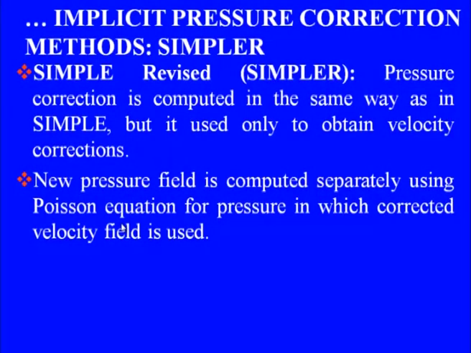Instead, the new pressure field is computed separately using a Poisson equation for pressure, in which the corrected velocity field is used. Remember, we derived this Poisson equation for pressure in our original implicit pressure correction algorithm, wherein the right hand side of this pressure Poisson equation was in terms of Vi m star, that is, the intermediate velocity field.